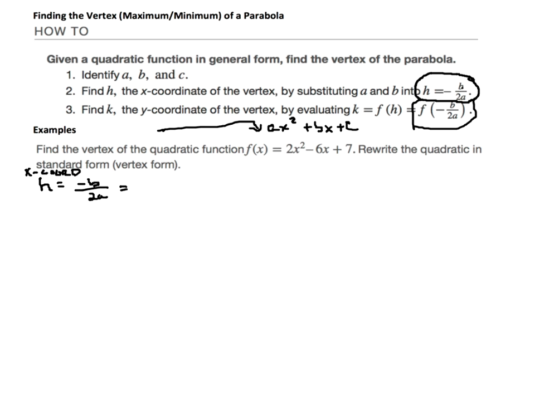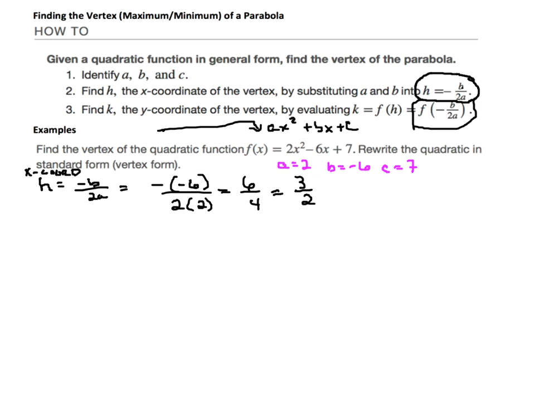-b over 2a. There we go. Okay, so in this case, let me point out my a, my b, and my c. My a is 2, b is -6, and c is 7. So when I plug that in, my b and my a, I get -6 over 2 times 2, which is 6 over 4, which reduces to 3/2.